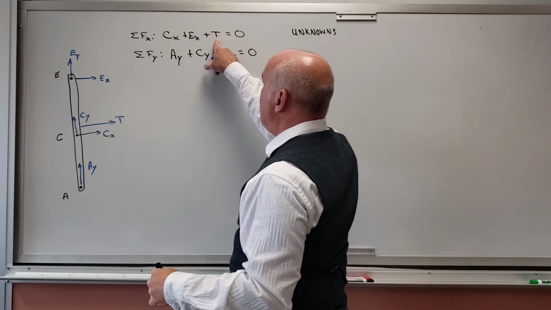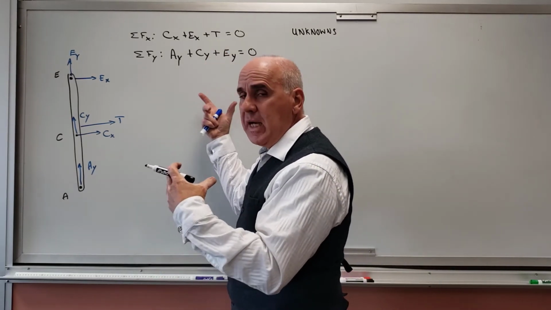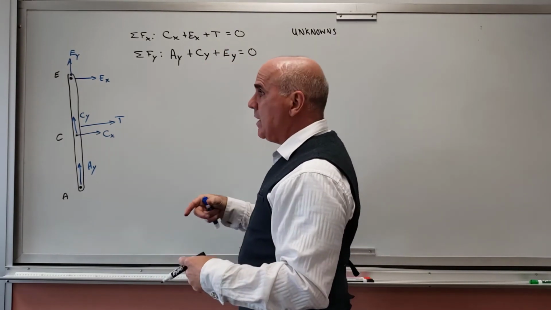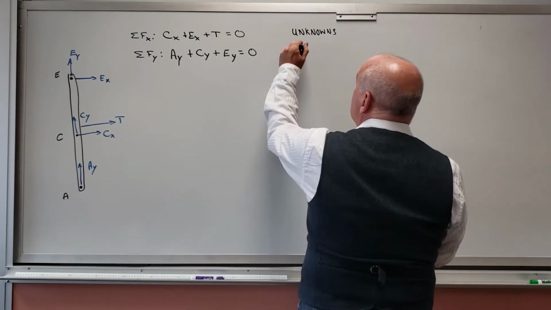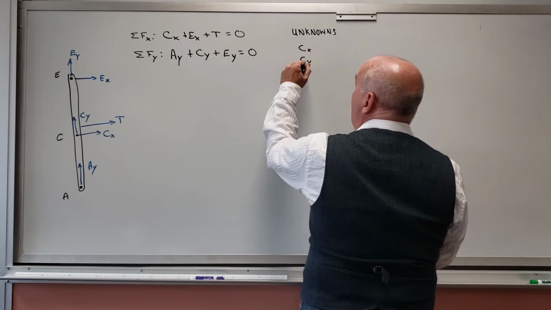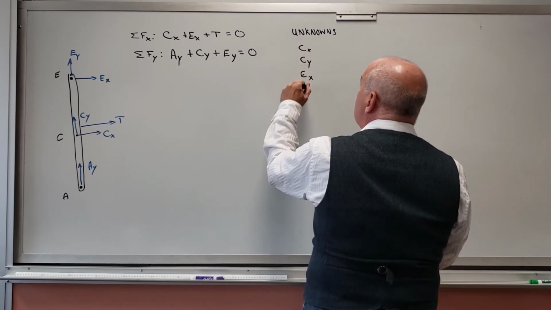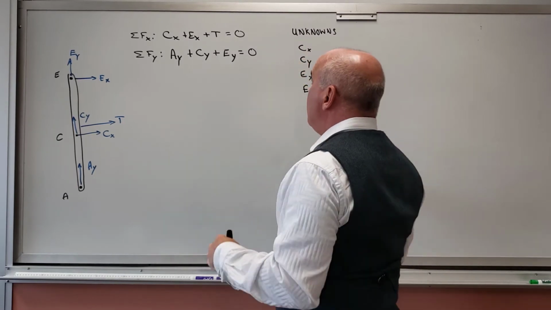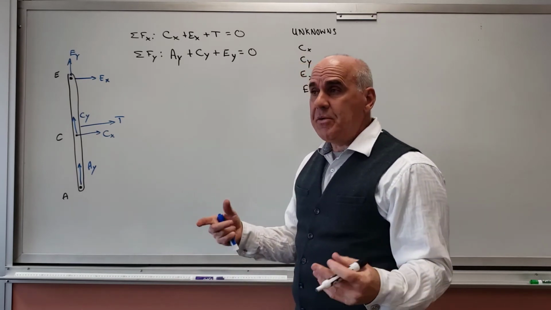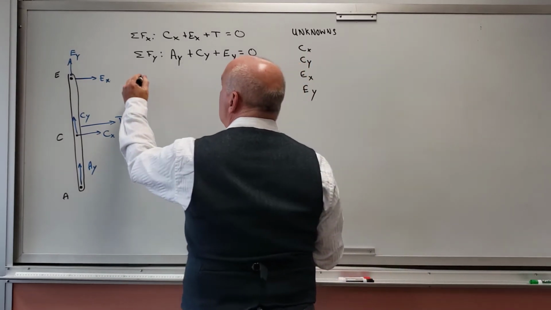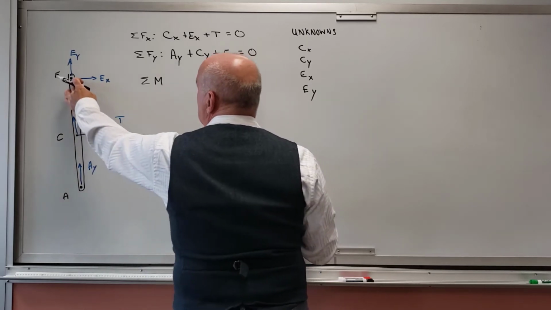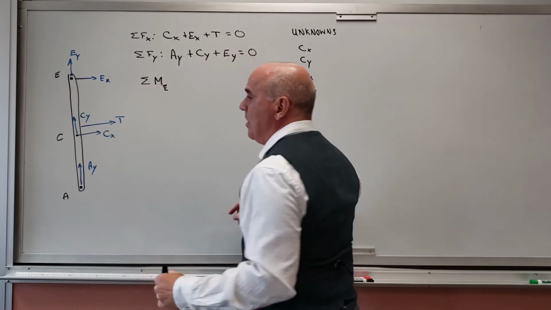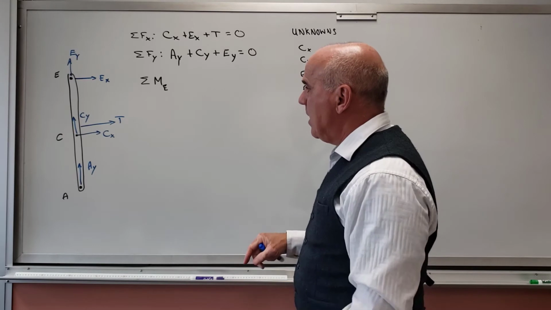The tension I know from the diagram acting on the pulley, and from the outside free body diagram I found AY. So I have CX, CY, EX, EY. So 4 unknowns, but only 2 equations. Well, I can do the sum of the moments. And I'm going to do the sum of the moments about E because I have 2 unknowns up there, and that'll just make life easy.